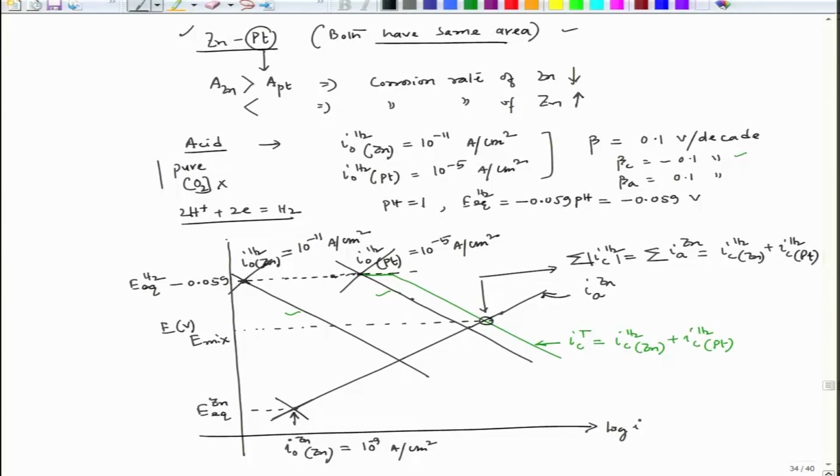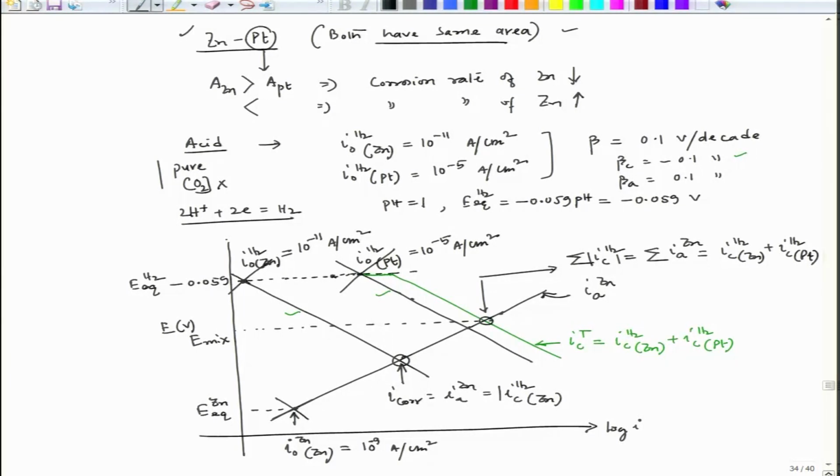Now, we could see that if platinum is not there and only zinc is present, in that case this will be my I corr equal to IA zinc equal to IC hydrogen over zinc surface.